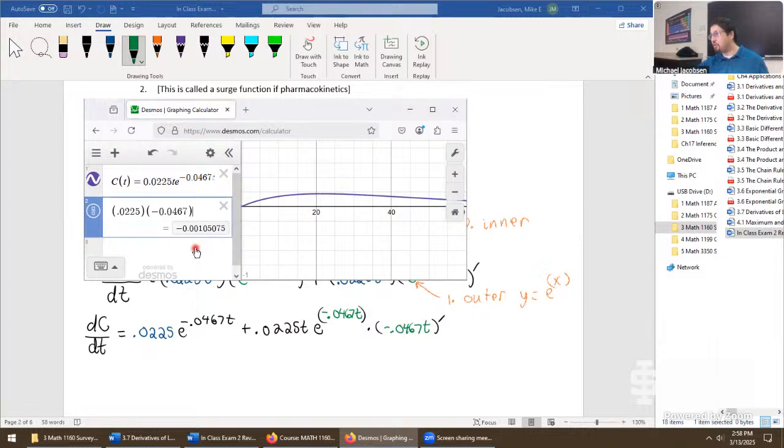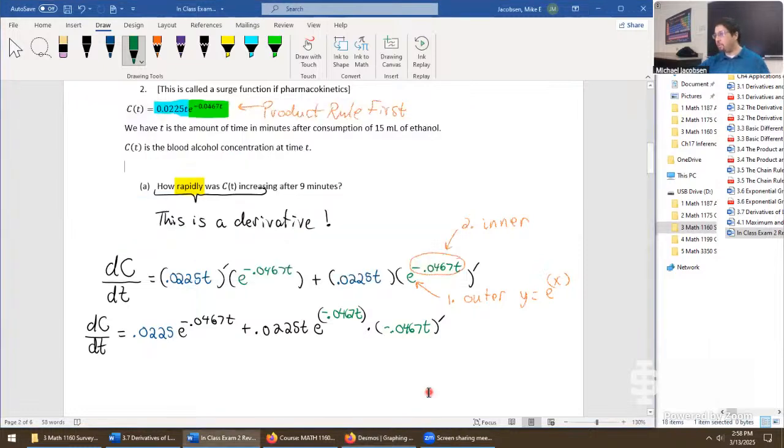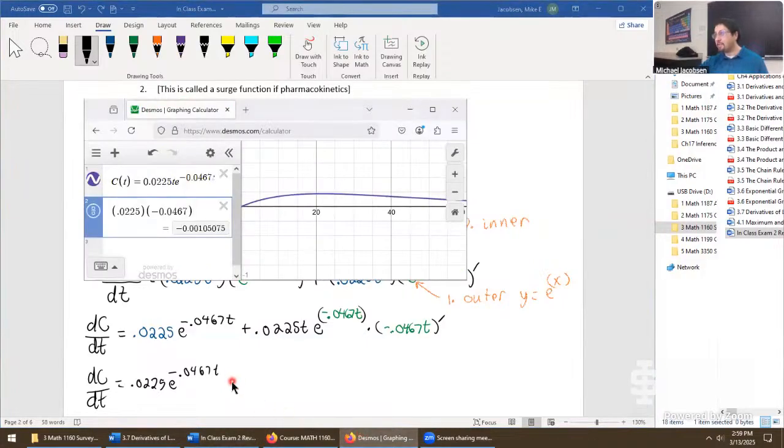Negative 0.00105 is what I'll round that one to. The challenge is to see if I can remember that number after doing all this copying. Probably not. And I forgot to even put the number right there. So let me double check again. It was negative 0.00105.